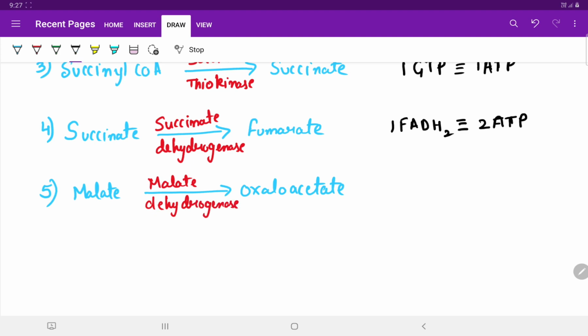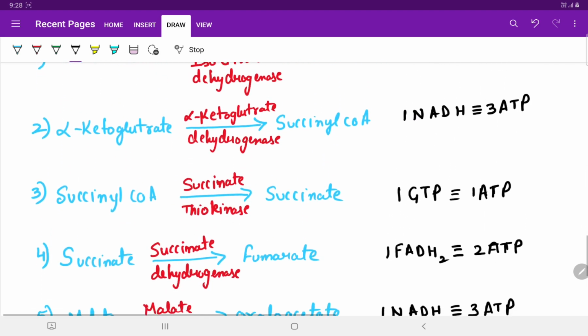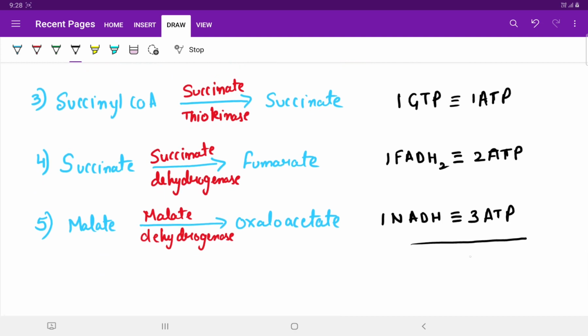And this is accompanied by formation of one NADH molecule that is equivalent to 3 ATPs. Now let us see how many ATPs are produced. Let us calculate 3 plus 3 is 6, plus 1 is 7, plus 2 is 9, and 3 makes 12. So a total of 12 ATPs are produced per molecule of acetyl coenzyme A entering the TCA cycle.